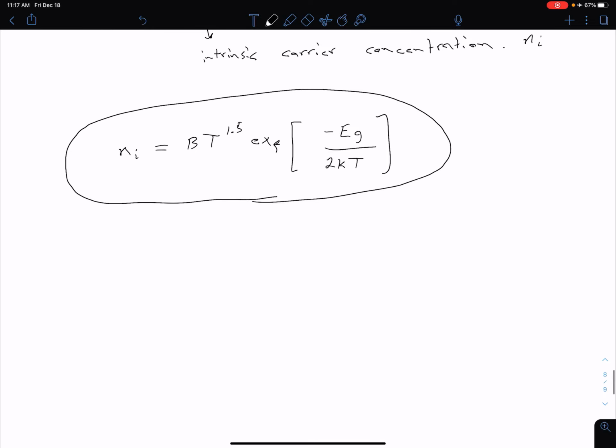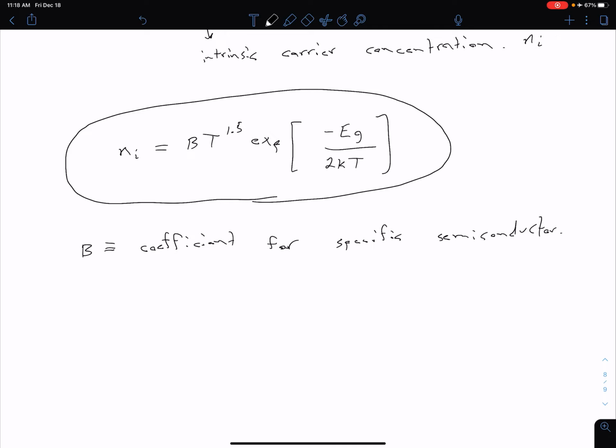So our B is just going to be some coefficient related to a semiconductor material, and we're not going to worry about going into depth. That's something we would look at a little bit more if we were in a more advanced class, but this is just a coefficient for a specific semiconductor, and I'll give you some values, and they're in your book as well.